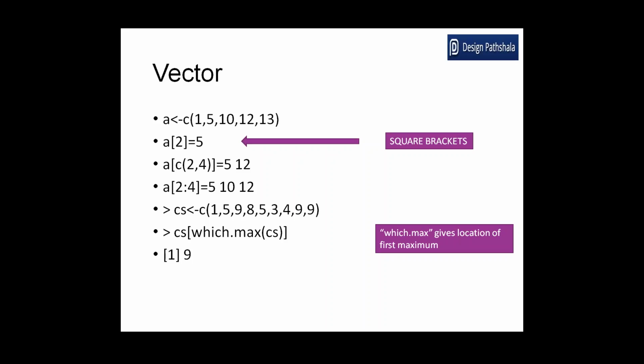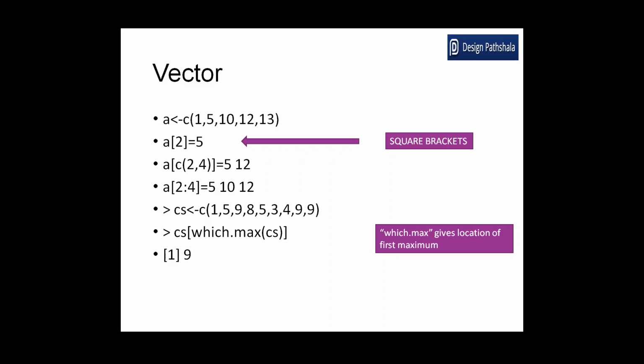So this is a vector with values 1, 5, 10, and 13. In subsetting, basically we write the location within the square brackets, and we pull the corresponding data for that location from the data type, a vector in this case.